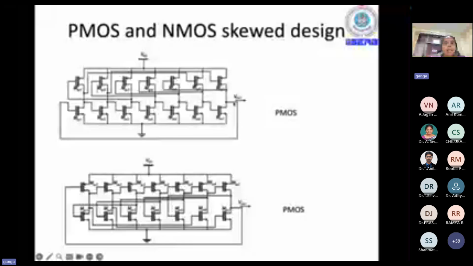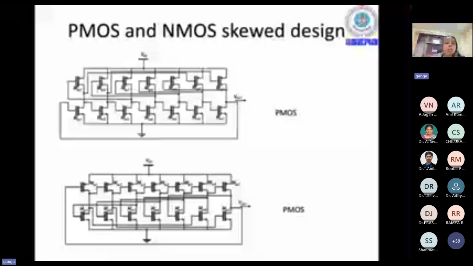In the conventional design, the output is given as input to the very first stage. But instead, here the intermediate generated signal is being given as input to these transistors, which means that the signal doesn't need to propagate through all the stages. So this helps to improve the frequency of operation. This is known as skew design.